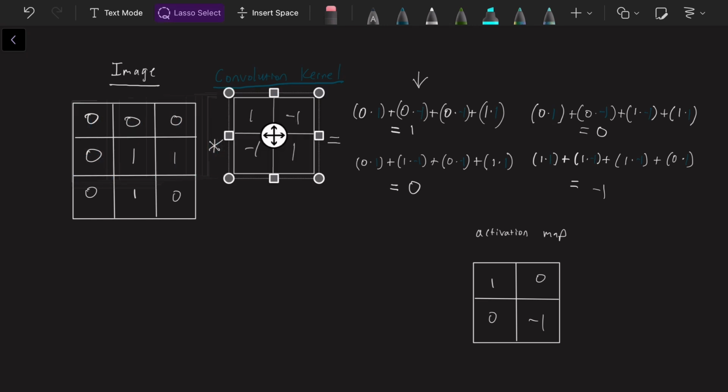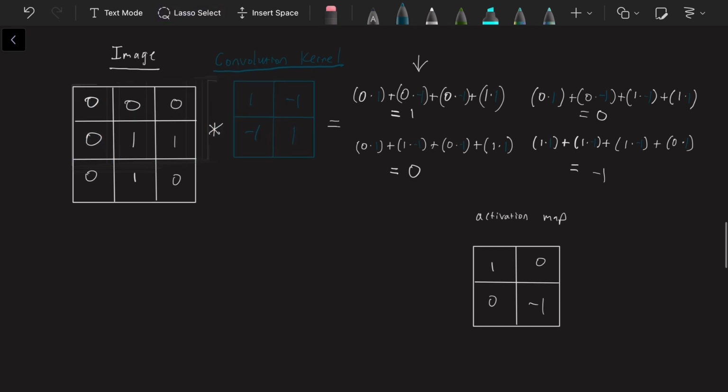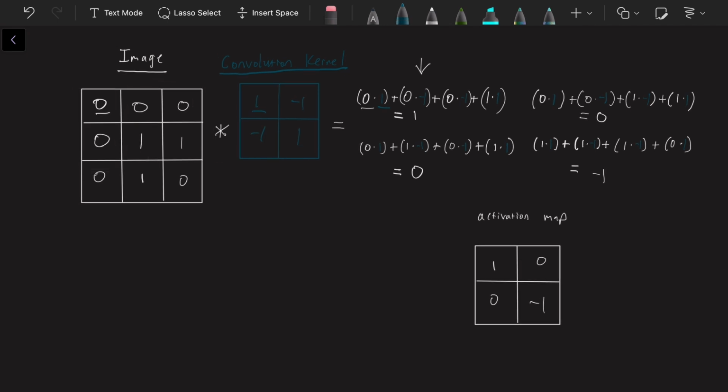At that position, we're going to get 1 times 0, okay? And we're going to get negative 1, also times 0, and we're going to get negative 1 down here, times 0 down here, and we're going to get 1 here, times 1 here.